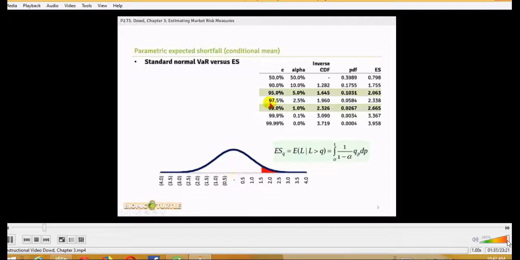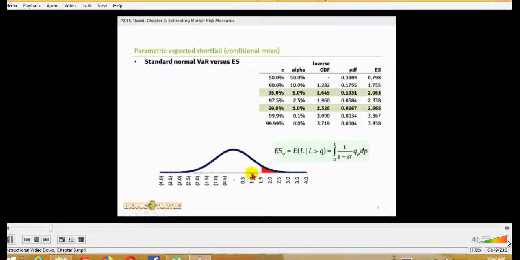And in that standard normal, I hope that in Part 2 it's familiar to you that the 95th percentile quantile function, or that inverse cumulative distribution function, returns to us 1.645 standard deviations.